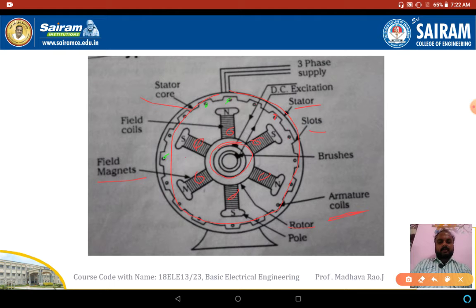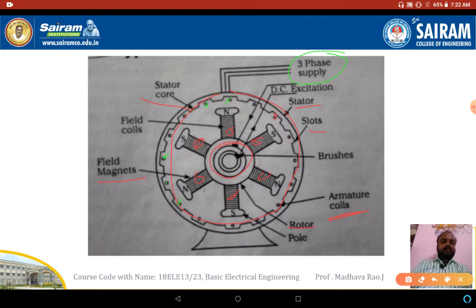Once the field winding rotates, the armature conductors cut the magnetic flux and EMF is produced. That EMF is taken out as three-phase supply, given to the transformer, and then goes to the load. This is the cross-sectional view of the synchronous generator.